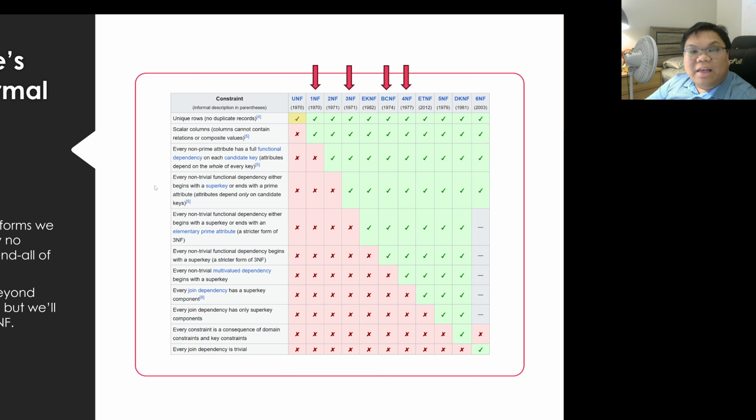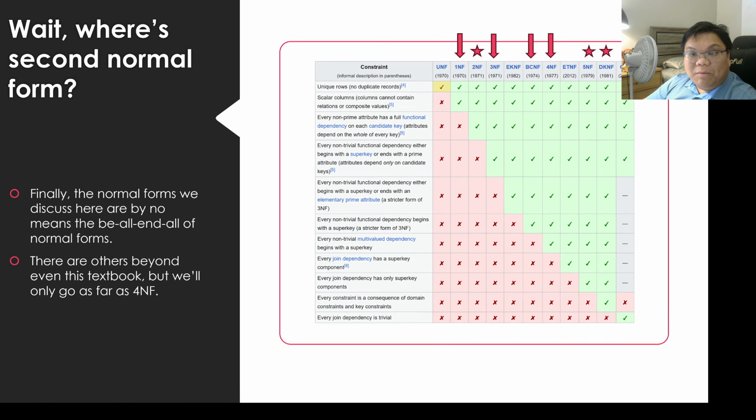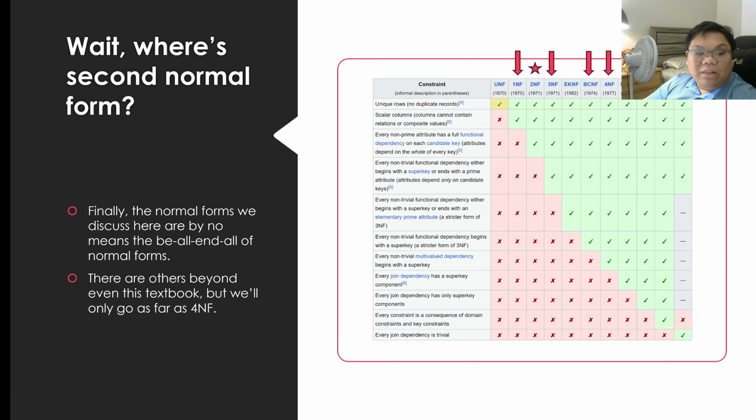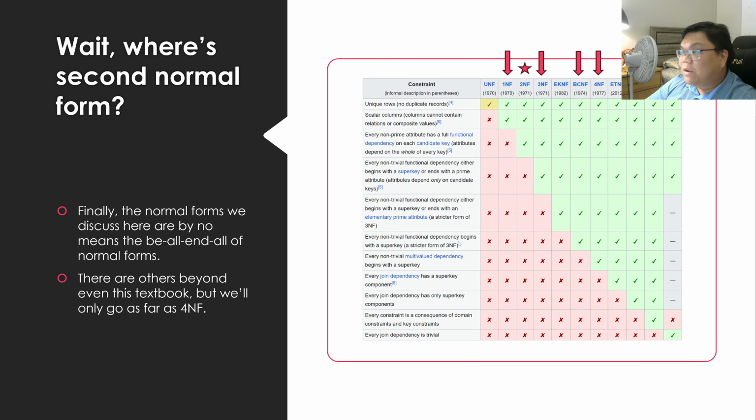So the textbook only goes up to first, third, BCNF, and fourth normal form. It only ever briefly mentions second, fifth, and another normal form called DKNF. Domain key normal form, I think that's what it's called. We're only ever going to go as far as fourth normal form here.